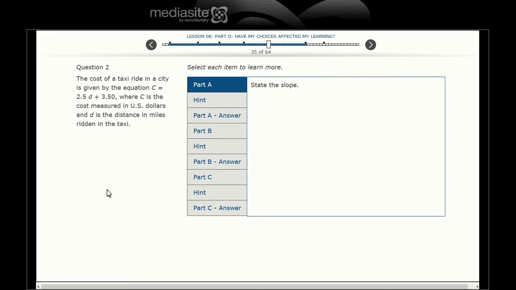Oh, hey, cost of a taxi. C equals 2.5D plus 3.50, where C is in dollars, D is in miles.